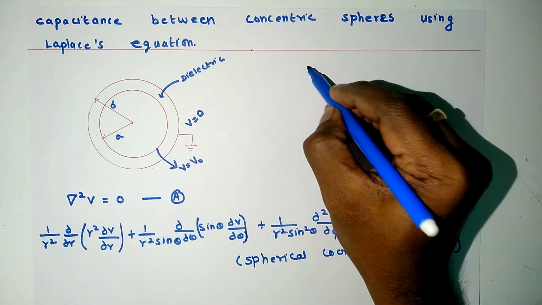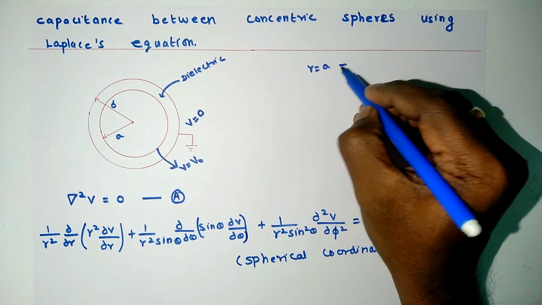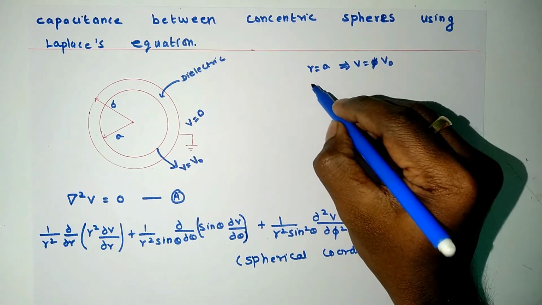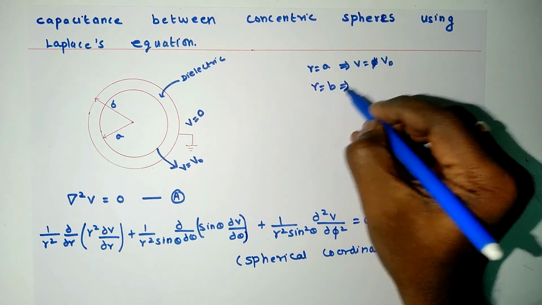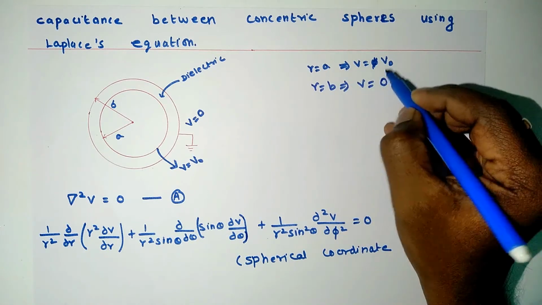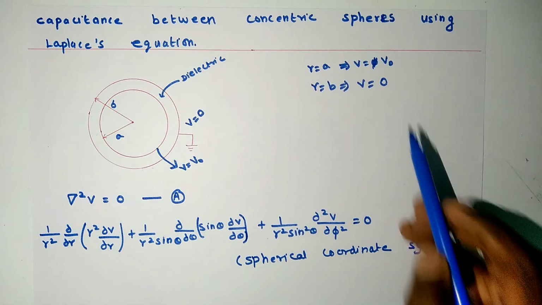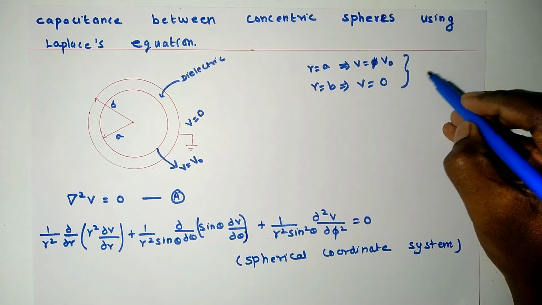So, when radius is equal to a, voltage is equal to V0. Similarly, when the radius is equal to b, voltage is equal to 0 because the outer conductor is assumed to be grounded. So these are the conditions at the different conductors.